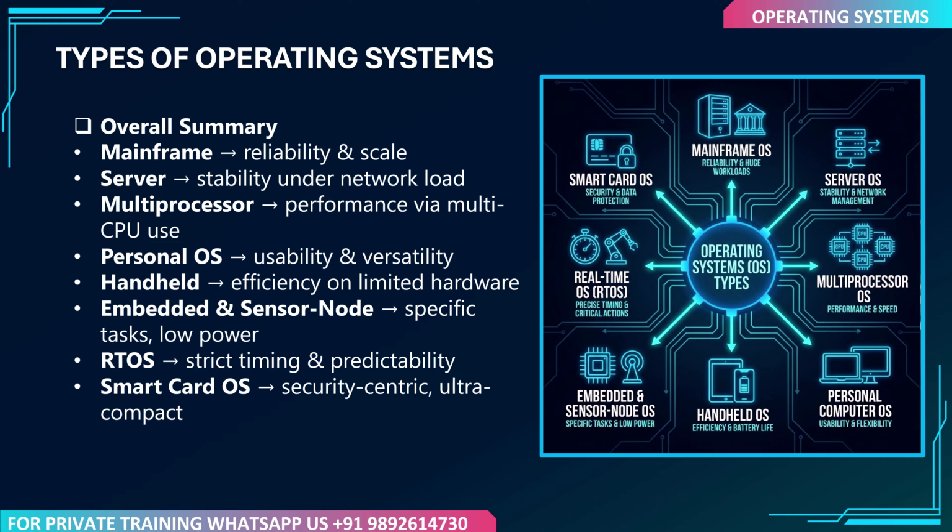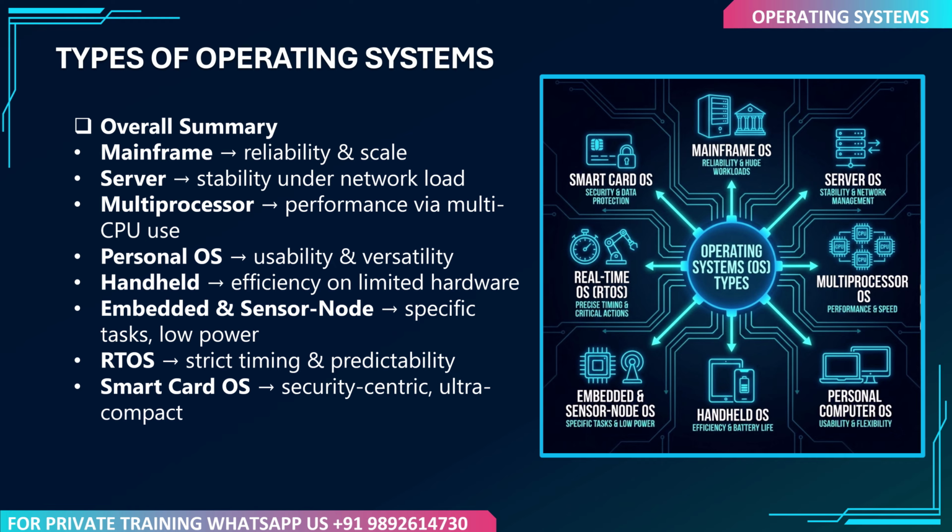Server operating systems are designed to stay stable under continuous network activity and manage many users smoothly. Multiprocessor systems take advantage of multiple CPUs to speed up tasks and improve overall performance. On the other hand, personal computer operating systems concentrate on giving everyday users a comfortable and flexible experience.